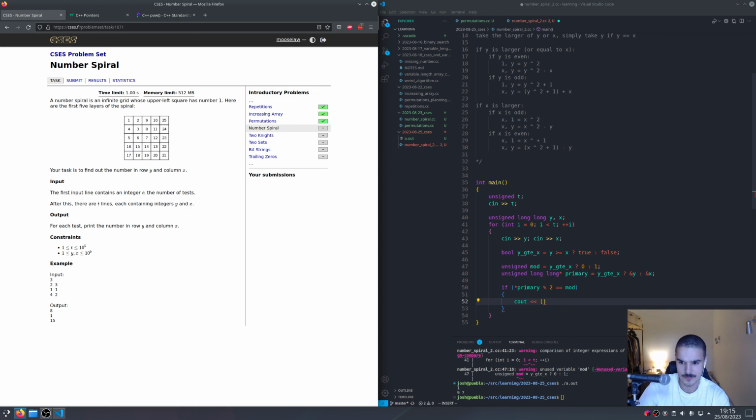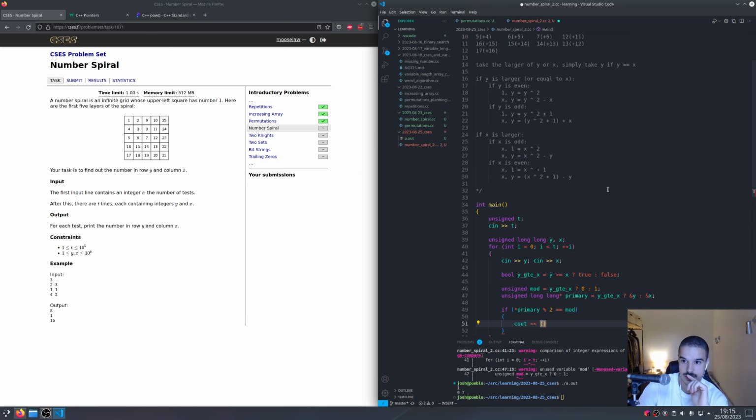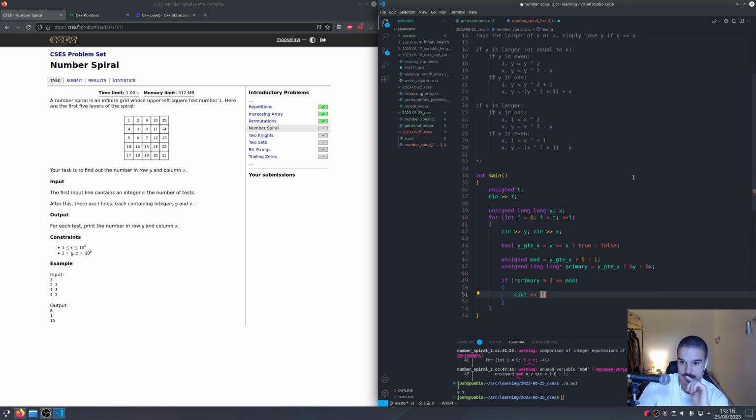I can just do POW. So if that, then we can just output basically this formula. So it's actually our primary.